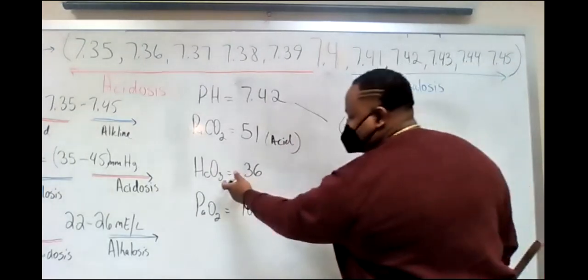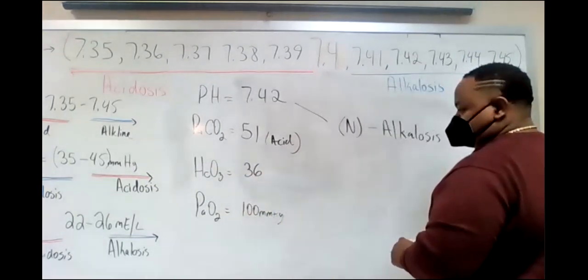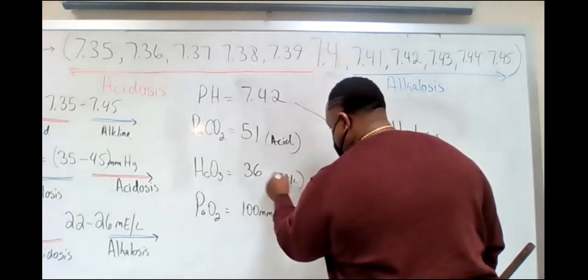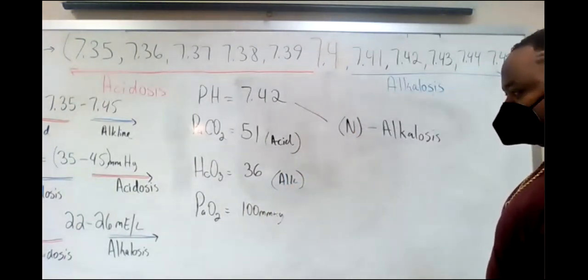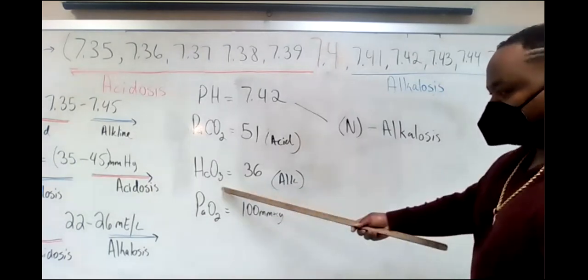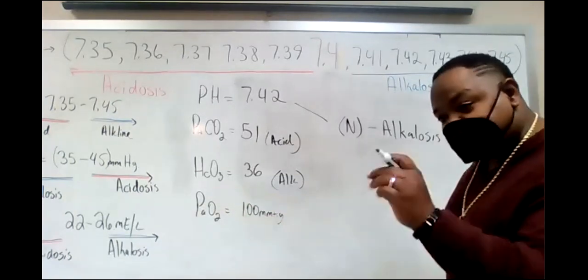All right, so let's see what bicarb is doing. What is bicarb doing, Christian? Alkalosis. Good. Now, which one is causing the problem then? Bicarb. So bicarb is causing the problem.